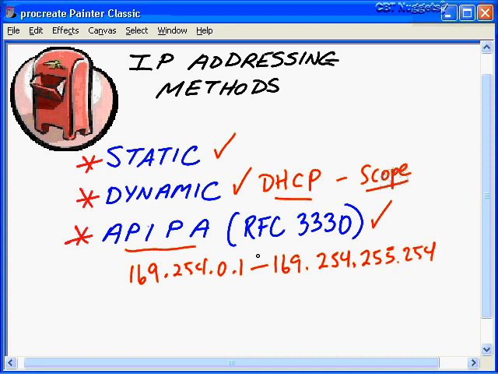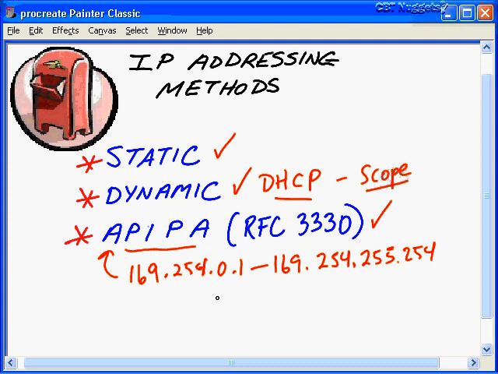The reason it assigns a temporary IP address from this range, which by the way is not a publicly usable address, is because some workstations, laptops, and PCs need to have their network stack configured and up and running before you can even get into the operating system and do anything.